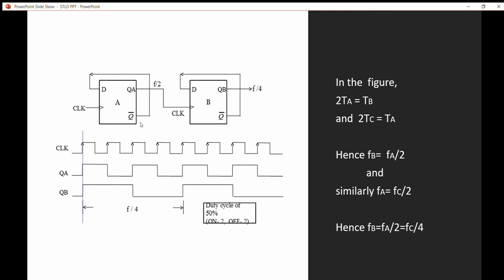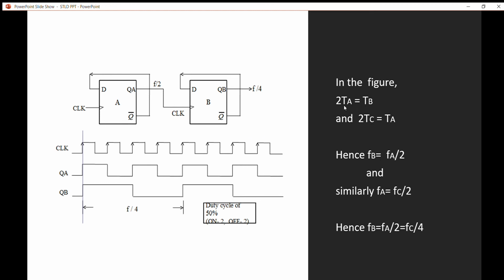Now, from all these waveforms, we can easily see that the time period of the flip-flop A is 2 times the time period of the external clock pulse. And similarly, the time period of the flip-flop B, that is TB, is 2 times the time period of the flip-flop A, that is TA.